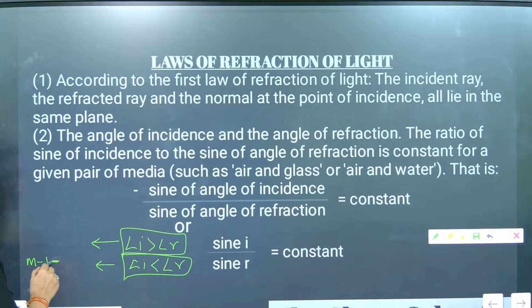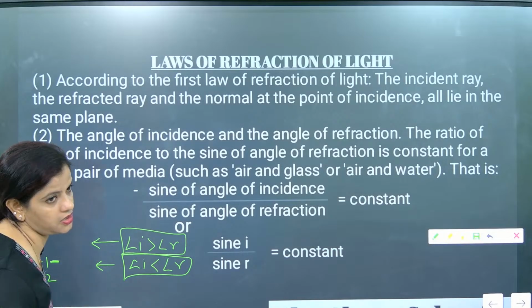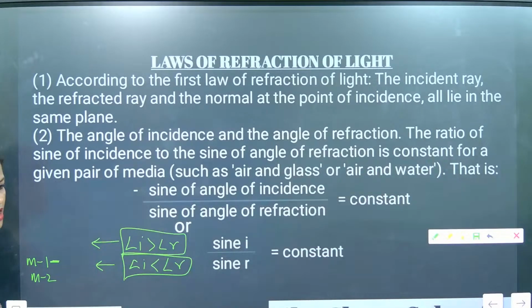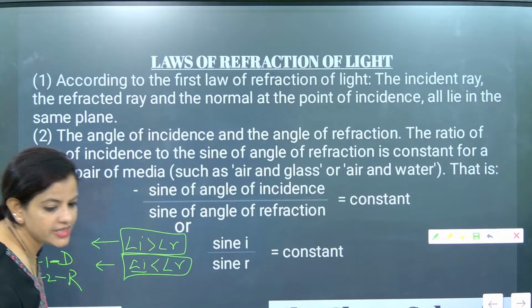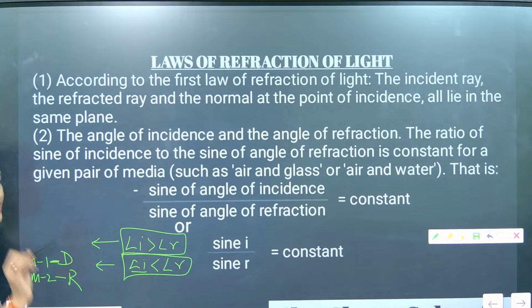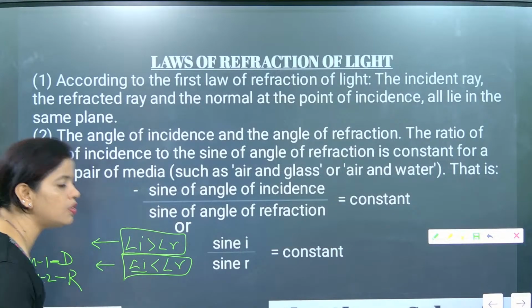Come on, go for it. Medium 1 is denser. Understood? So the incidence angle is lesser, and medium 2 is rarer. So it is going to be denser to rarer.